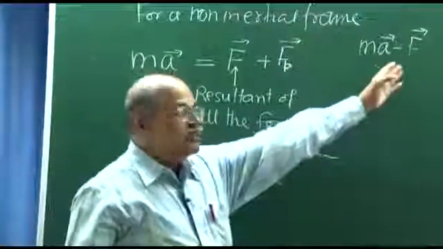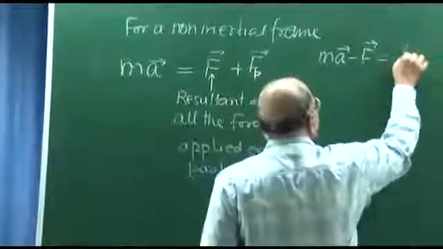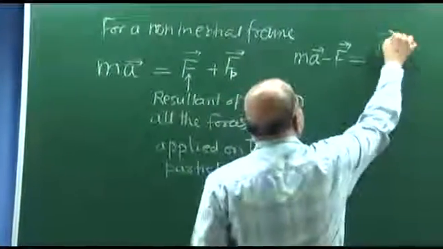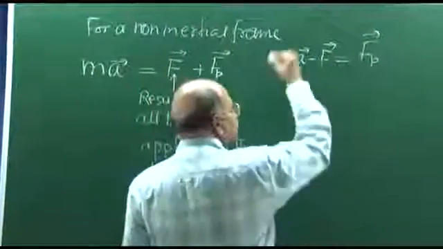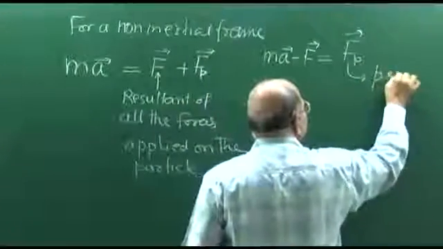So, ma minus F will not be 0, and that we are writing as Fp. And this extra term, which is coming because of this non-inertial frame, is known as pseudo force.